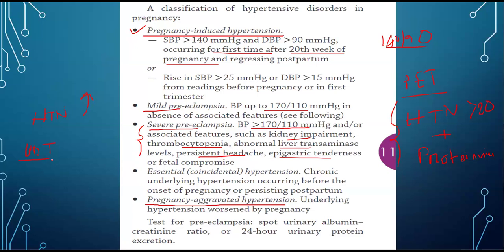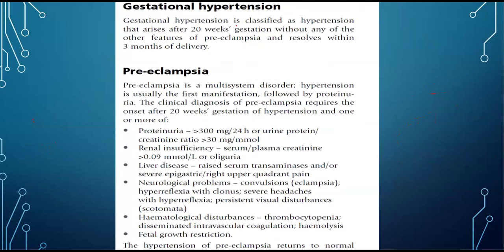So to be sure, you can either do a spot urinary albumin creatinine ratio, ACR, or you can do a 24-hour urinary protein. Because 24-hour urinary protein takes time and it's a bit difficult, the best test to check for proteinuria is urinary albumin creatinine ratio. Okay? Making sense?